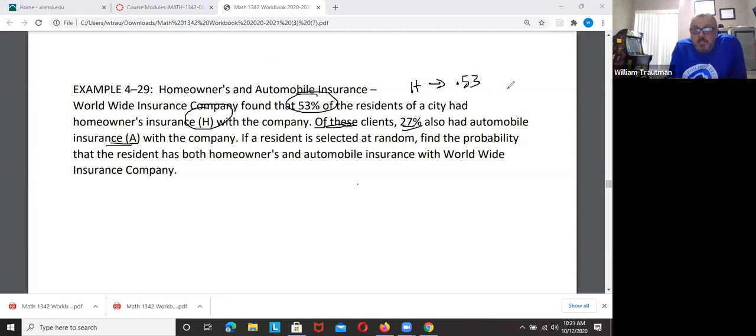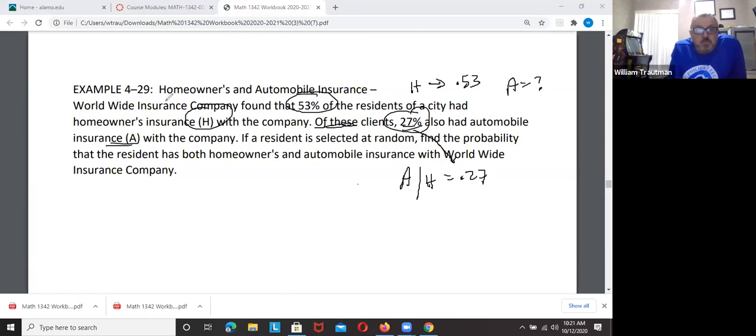So the probability that people have automobile insurance, given that they already had homeowners insurance, equals 0.27. Do you see? That's what this number is.